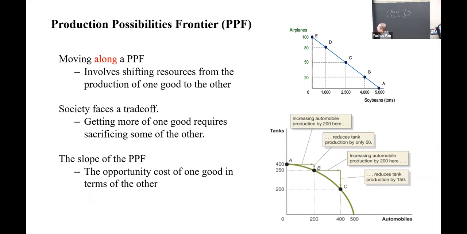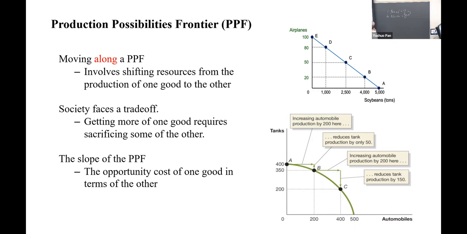Society faces a trade-off, which means getting more of one good requires sacrificing some of the other. So again, if you want to have one more of something, you have to give up another. The slope of the PPF is the opportunity cost of one good in terms of the other.